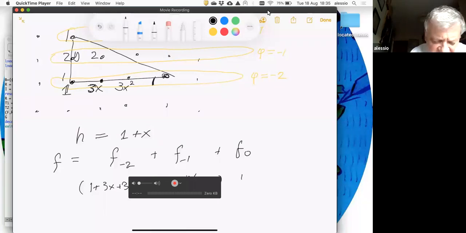I just take the bit of that polynomial which lives on that level set, okay?